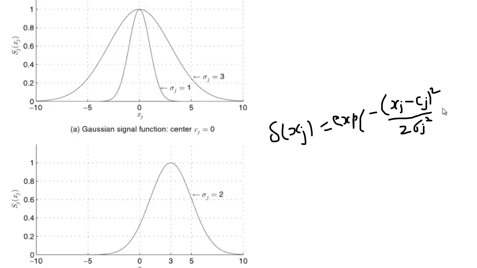So this is the equation for the Gaussian signal function. In this equation, sigma j is the Gaussian spread factor and Cj is the center.